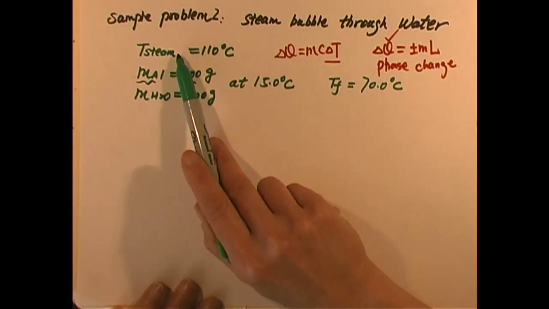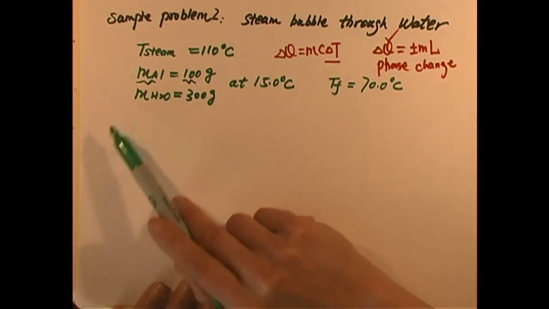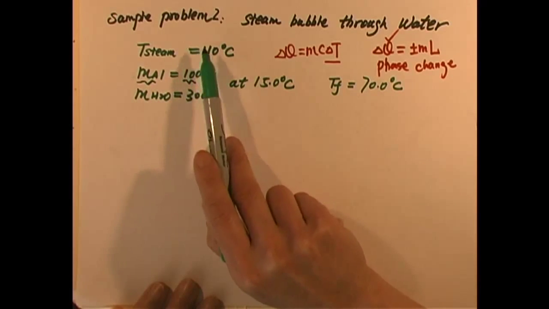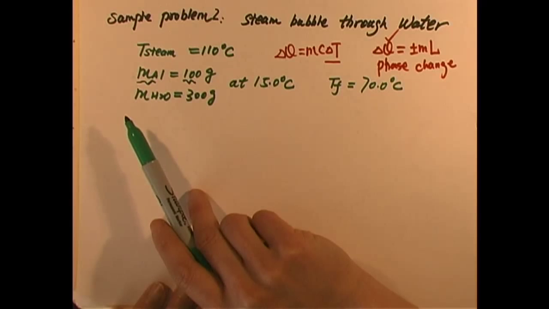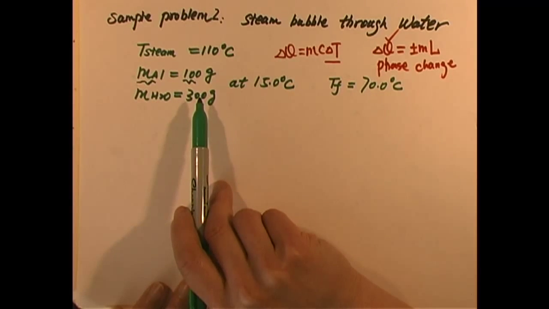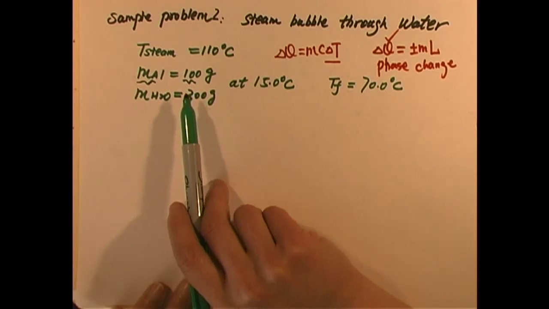We guide this kind of steam into the system, so the steam bubbles in. First the steam will drop in temperature to 100 degrees. Then that 100 degree steam will condense and become 100 degree water, and then the temperature of the 100 degree water will drop.